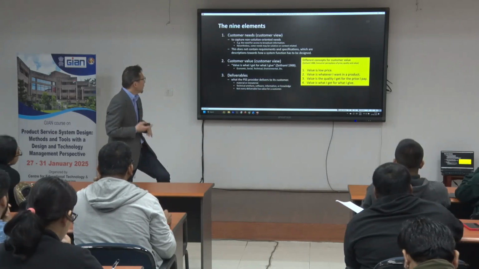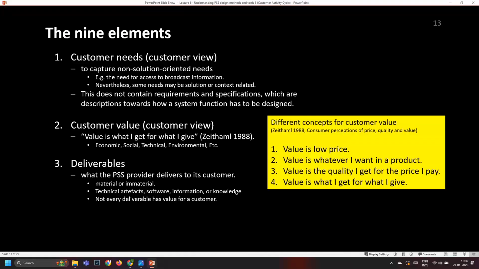And then the third layer is exactly about the deliverables, what are really delivered from the provider to the customer in terms of materials or non-materials. It can be technical products, software, information, or knowledge.